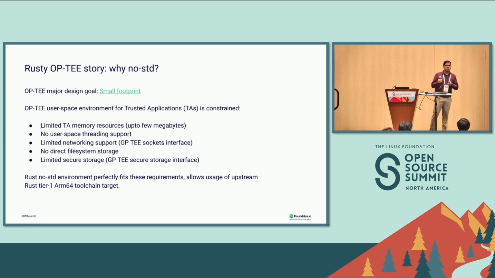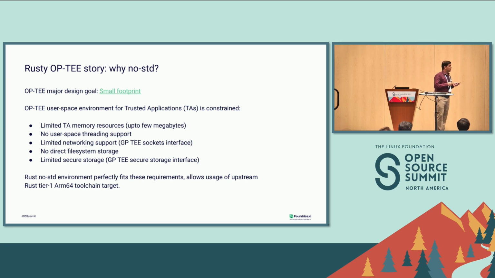We just use bare-metal Rust for trusted applications, and only add the libraries that are actually needed, not pulling in the whole standard library and then stubbing out things. So it's better that we start from the minimal and add stuff as needed and keep the footprint minimal.